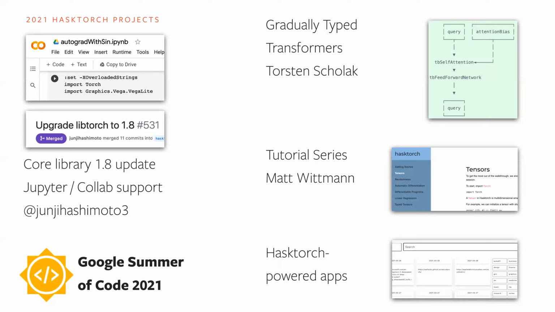So Matt Whitman is working on a series of tutorials for beginners and people who are already familiar with PyTorch. And Austin is exploring Hasktorch-powered apps. So basically, this brings us a step closer to deployment of models and services. So this is a bit of an overview of what's going on with Hasktorch right now.